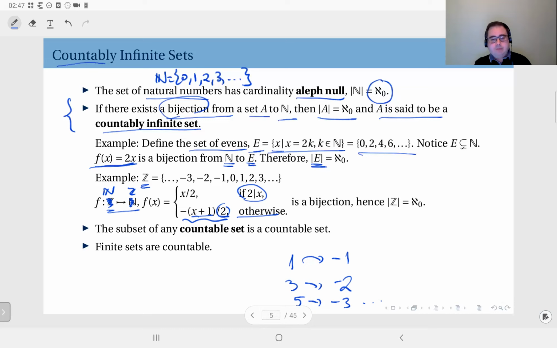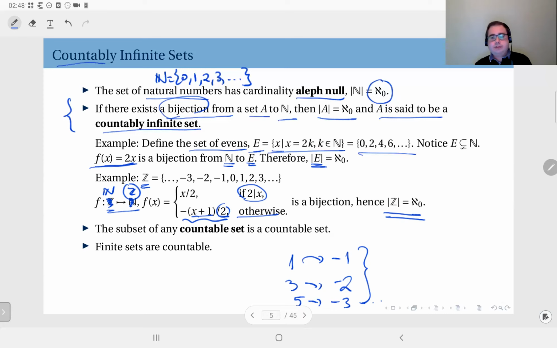So you see, every number in the codomain, the set of integers, is covered with this mapping, and this is clearly a bijection from the set of natural numbers to the set of integers, which means the set of integers also has cardinality aleph null.